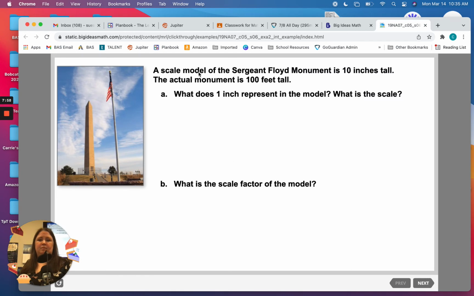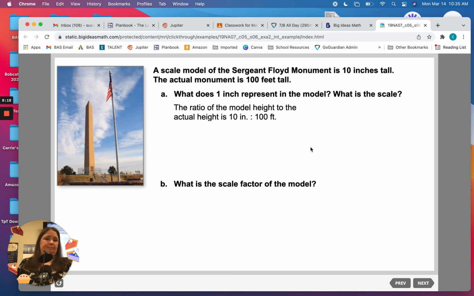A scale model of the Sergeant Floyd Monument is 10 inches tall. The actual monument is 100 feet tall. What does 1 inch represent in the model? It'll be 10 feet. So 10 inches to 100 feet.